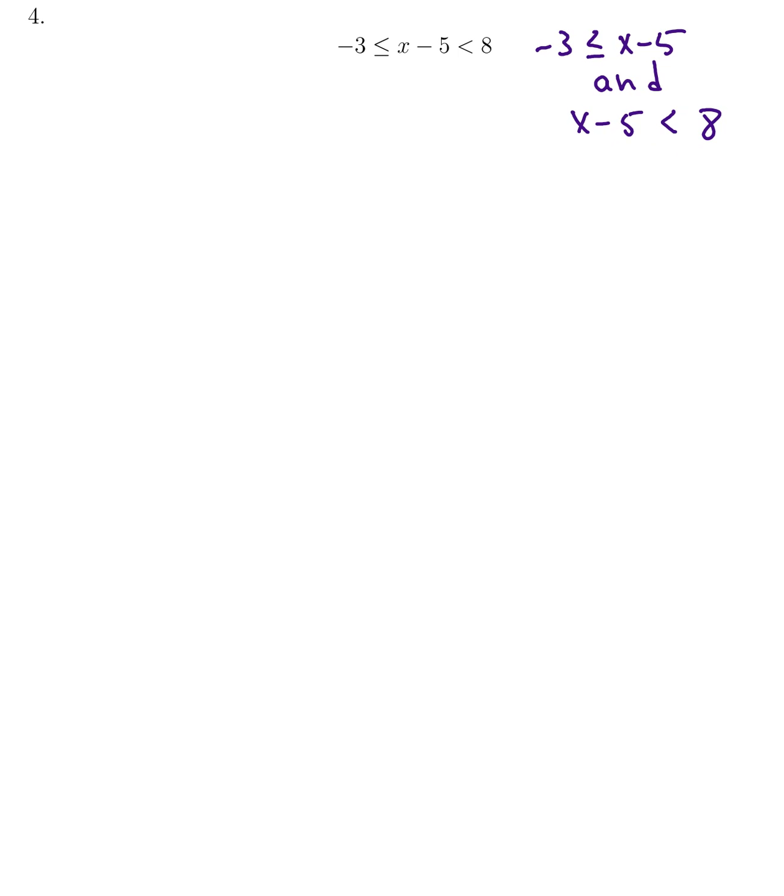To solve this, we would add 5 to get x by itself, so we can do the same thing to both these places. This will give us 2 is less than or equal to x is less than 13. And this is our solution. We can graph it on a number line, but this already basically describes where our solutions are.